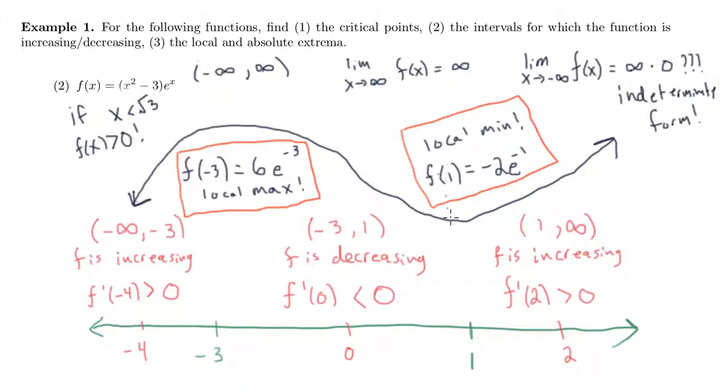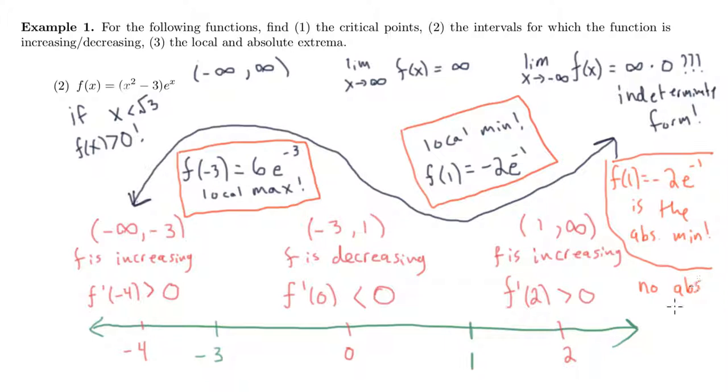But that means that this local min that is negative is actually the absolute min. So f of 1, which is negative 2 times e to the negative 1, is the absolute min. And now because f of x is going off to infinity as x goes to infinity, there is no absolute max.